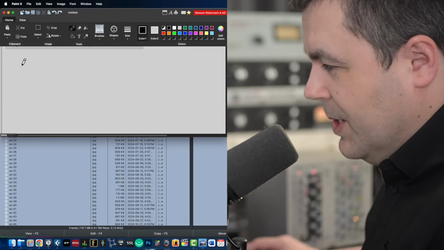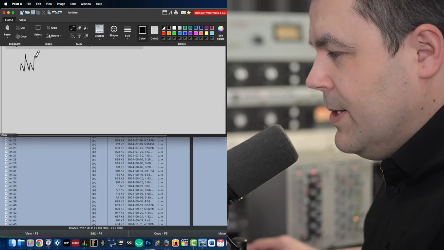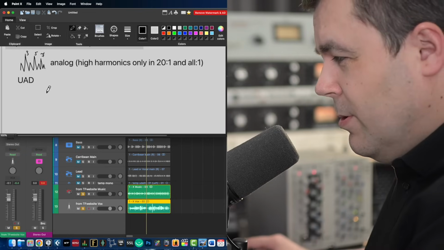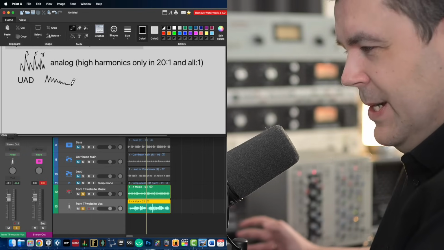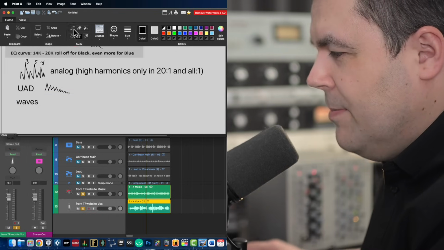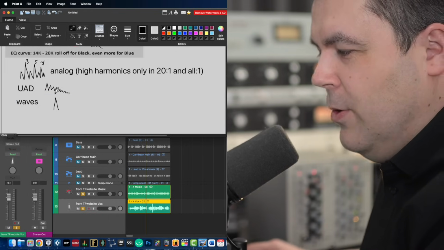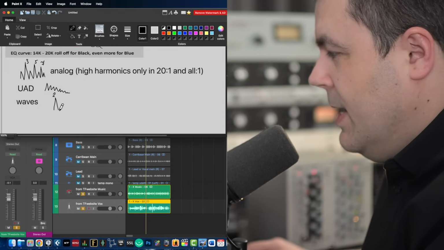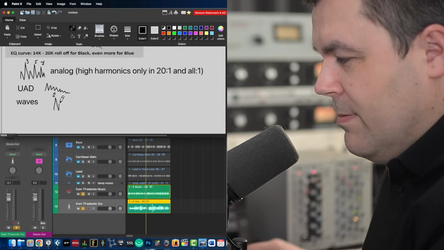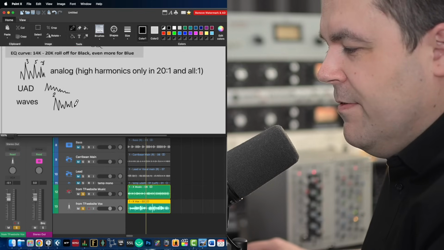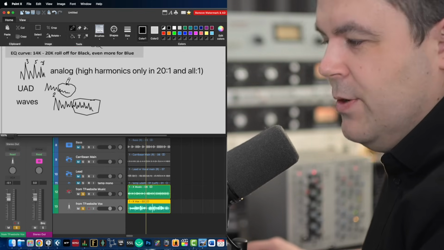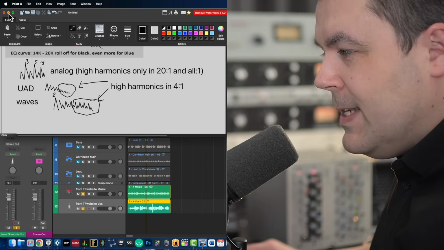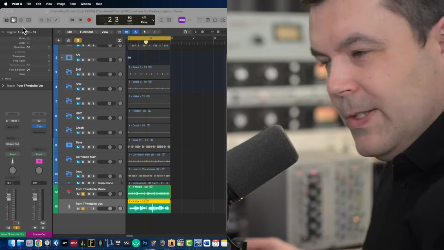Analog 1176 has harmonics like this. Universal Audio has gradually going down harmonics on most of their plugins, which is crazy. Waves have a commonly prominent second harmonic, almost an indicator of Waves plugins. And then you have odd harmonics: third, fifth, seventh, ninth, 11th. Universal Audio also has plenty of high harmonics. Again, I'm not going to say this is the real tone of a compressor, just harmonics content.